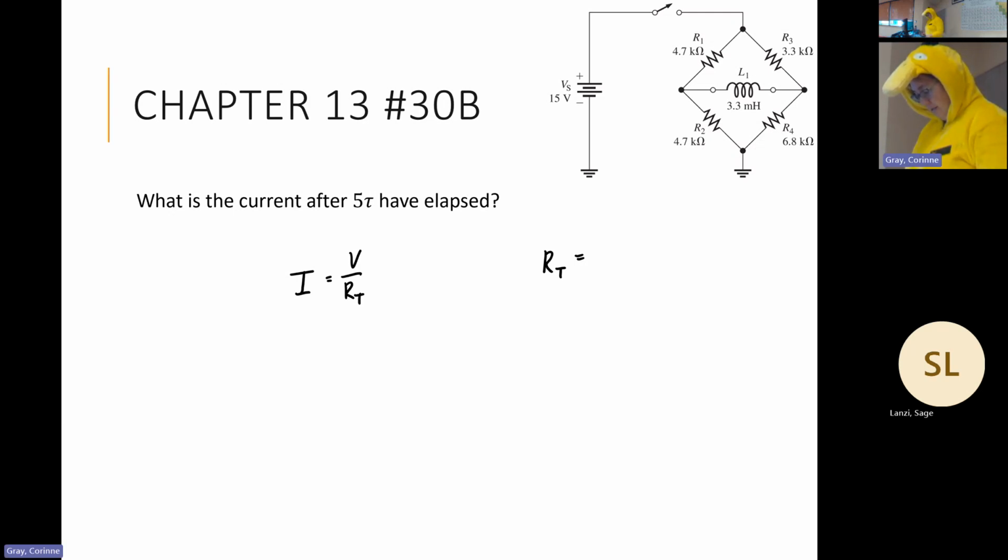So RT is going to be 2.35 times 10 to the 3 ohms plus 2.2278 times 10 to the 3 ohms. Those are the two sets in parallel and what they sum up to, so we can add those, and that's going to be RT.